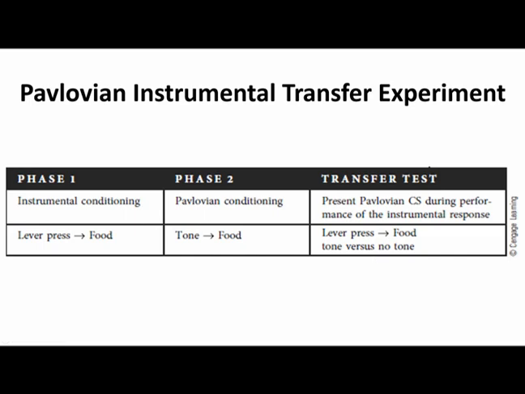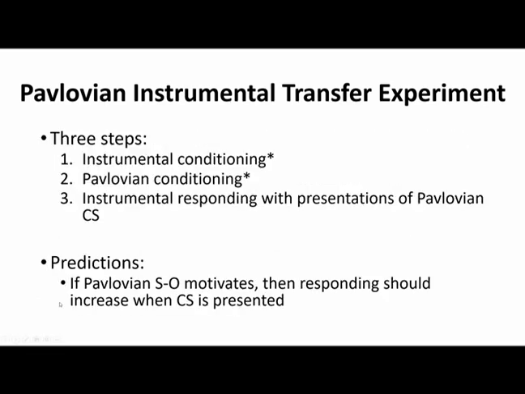And we want to see if there's any difference in the rate of responding when the tone is present versus when the tone is not present. So our prediction here is if our Pavlovian SO association is motivating that instrumental response, then we should end up seeing an increase in our instrumental responding when our conditioned stimulus, when that tone is being presented.